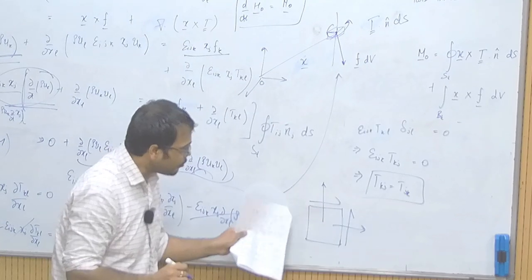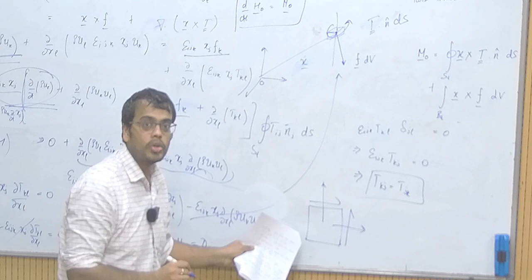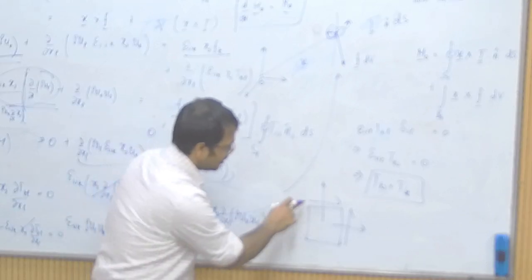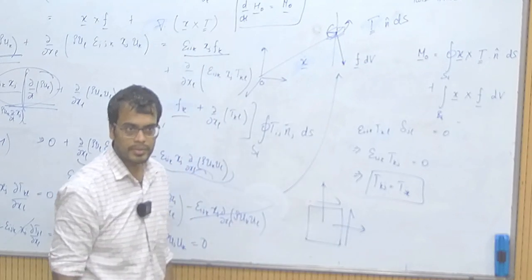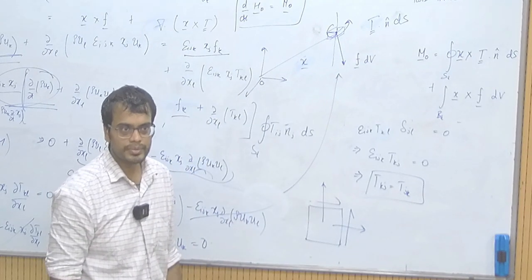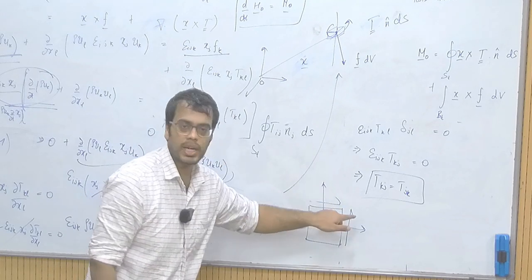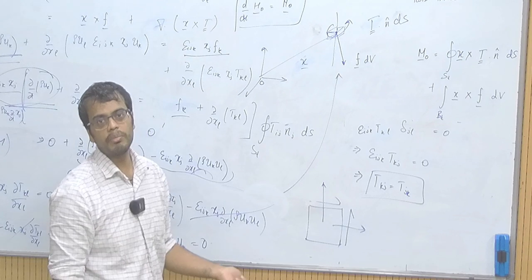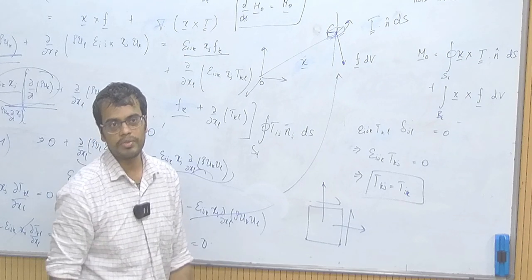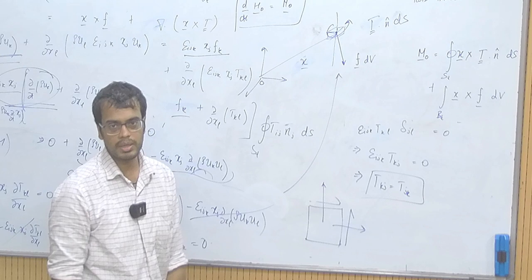Now for a small element to not be rotating, these guys have to be equal. For a small fluid element to not be rotating, these shear components have to be equal. Shear components are what? Off diagonal components. If off diagonal components are equal, T is a symmetric tensor.